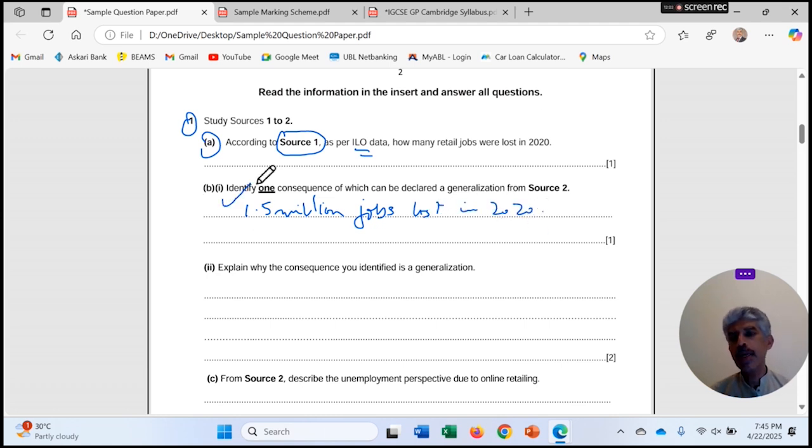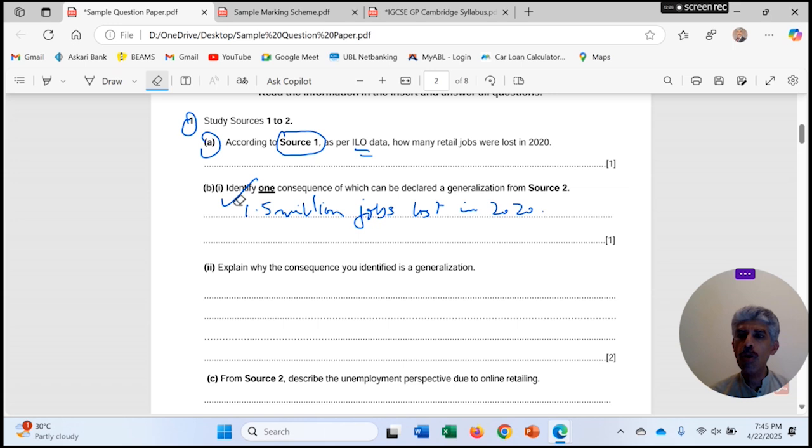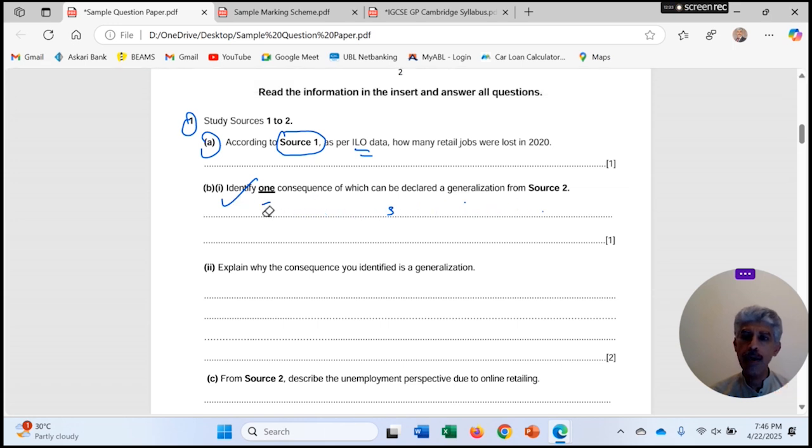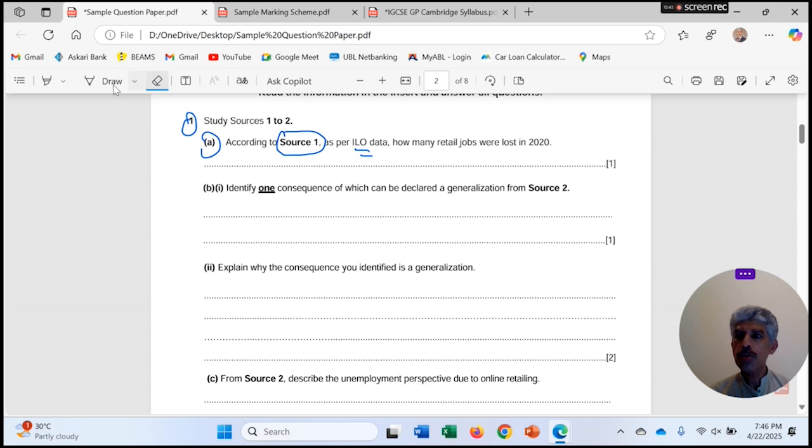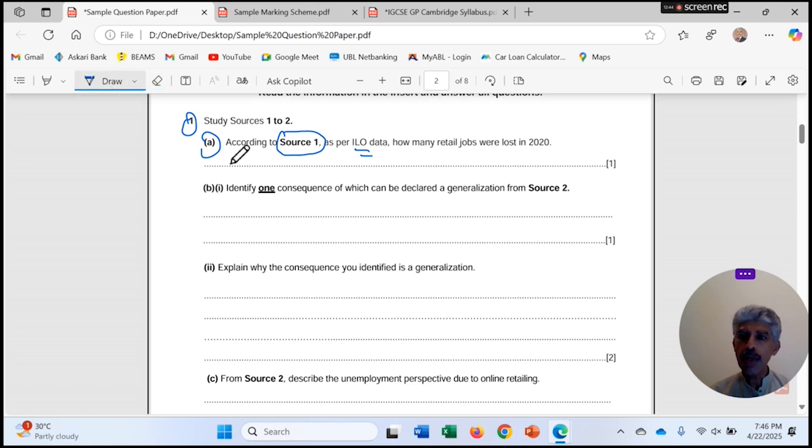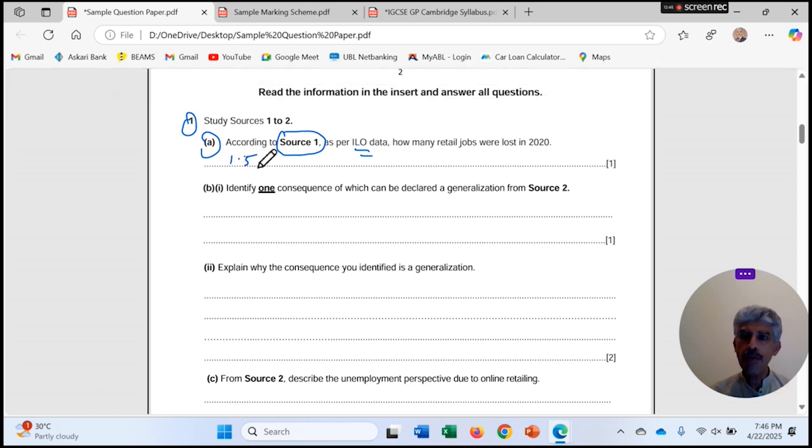So the answer is correct, and sorry, I have written on the wrong place. It was on the upper line, 1A. So over here, 1.5 million jobs. Still this is the correct answer, and even if they write the whole of the sentence, still correct. So this 1 mark will be awarded.